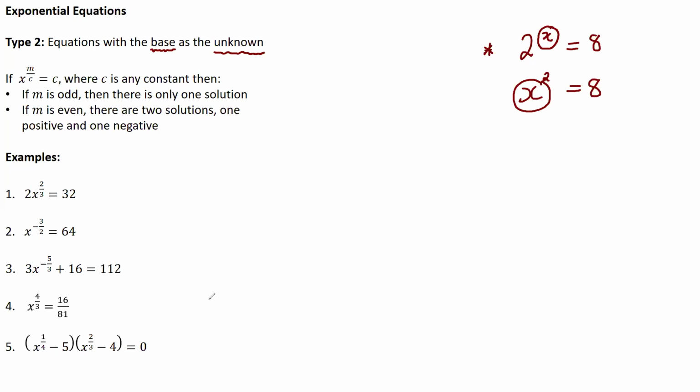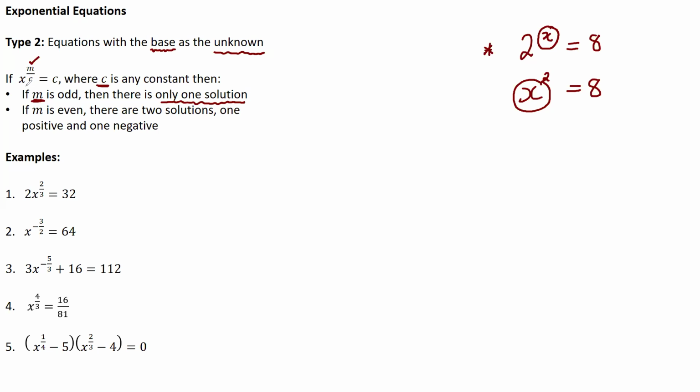But then there's a flip side to it, an interesting part. It says if x to the power m over c is equal to c, where c is any constant, then if m is odd, if this power here is odd, there's only one solution. I want you to remember this.